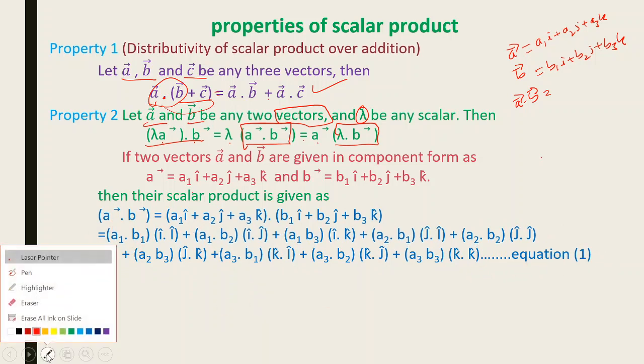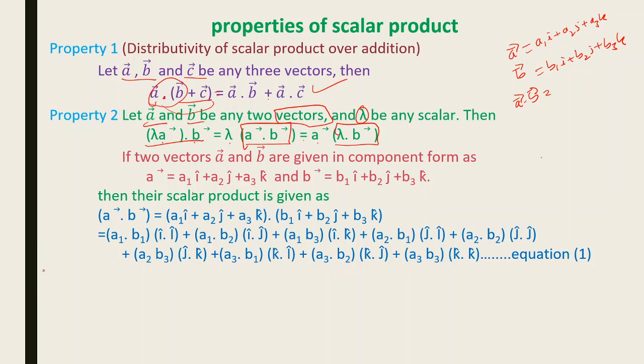And here, dear students, we use the important points we already discussed in the notes, on the last slide. i dot i, j dot j, and k dot k are always equal to 1. i dot j, j dot k, and k dot i are equal to 0.